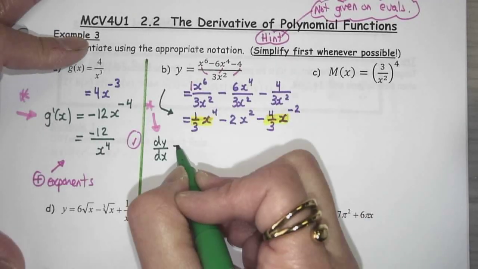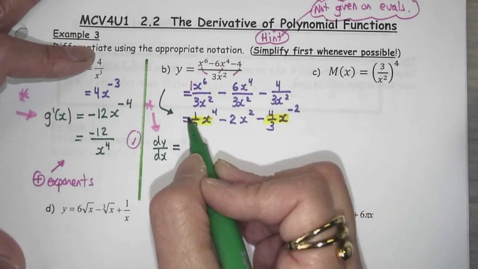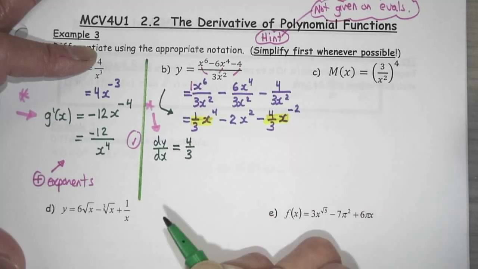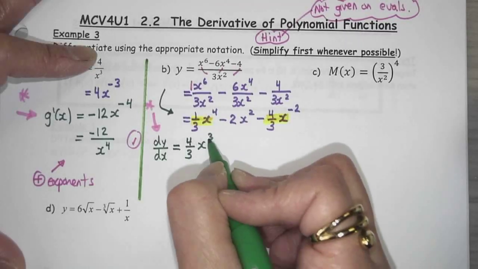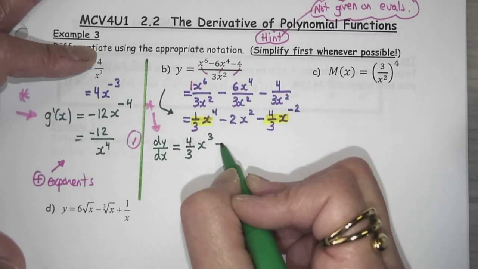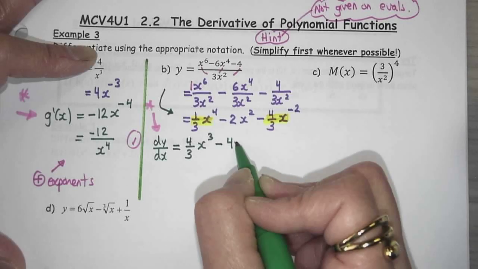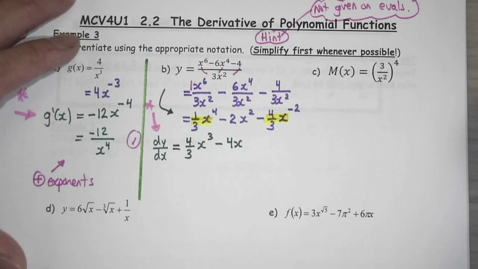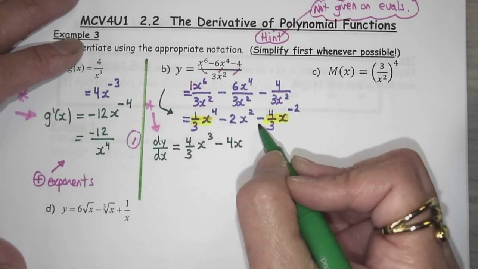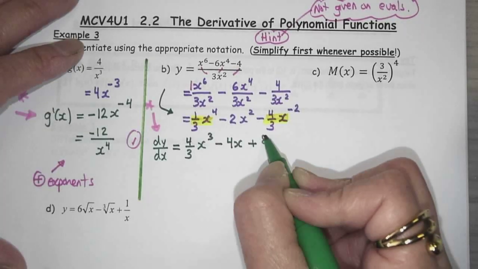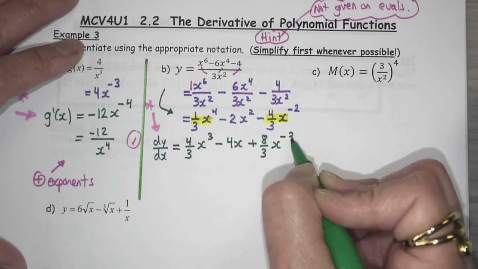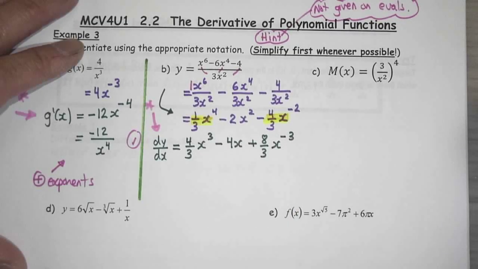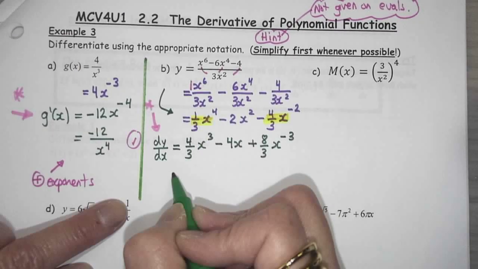So now your calculus rule is the 4 goes down in front, so we're going to get 4 over 3 x to the 3, minus 4x to the 1. Negative 2 goes in front, plus 8 over 3, and that's x to the negative 3. Let's fix that so it's positive.